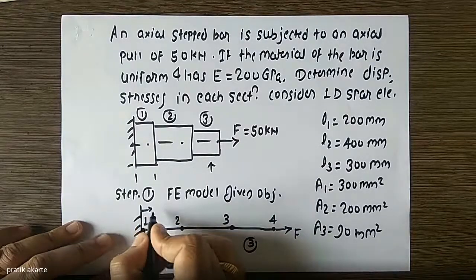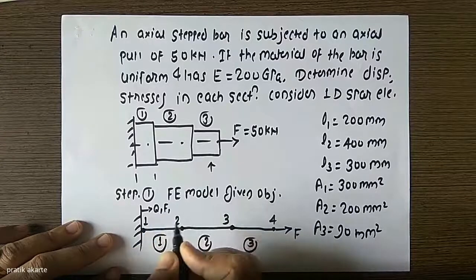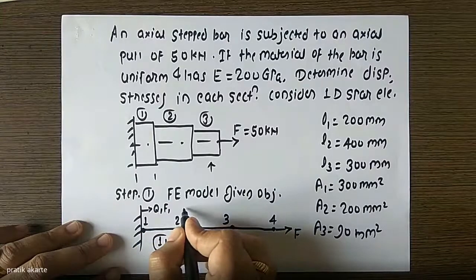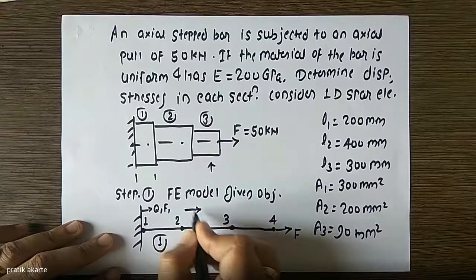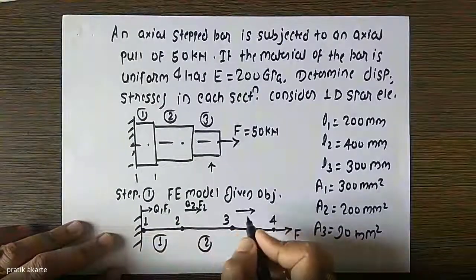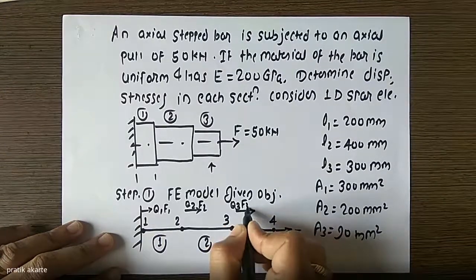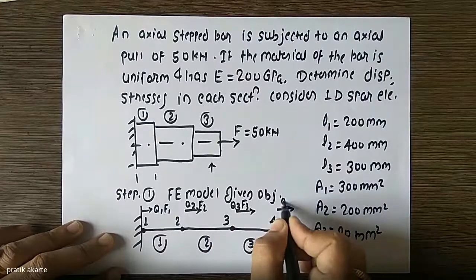we'll get some displacement, Q1 and F1 portion of the force. At node 2 we'll have Q2 and F2 portion of the displacement and load, and Q3, F3, and Q4, F4.